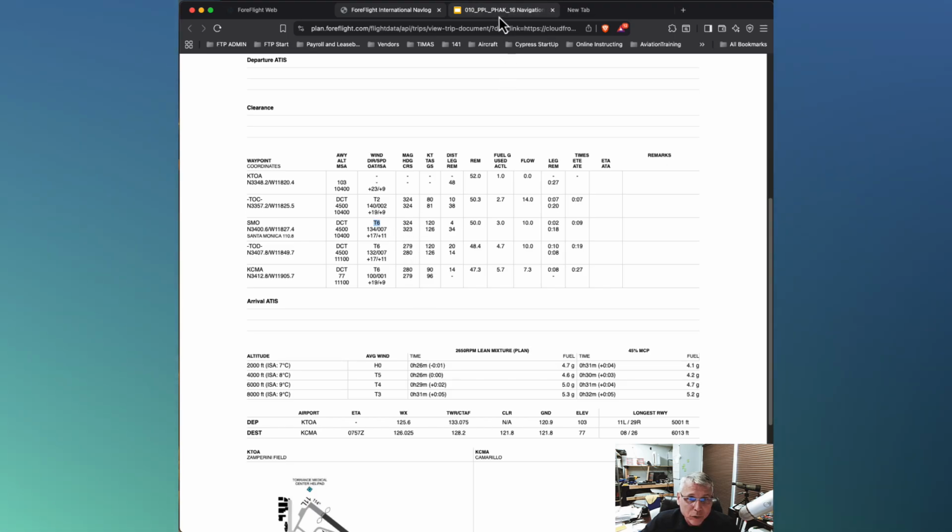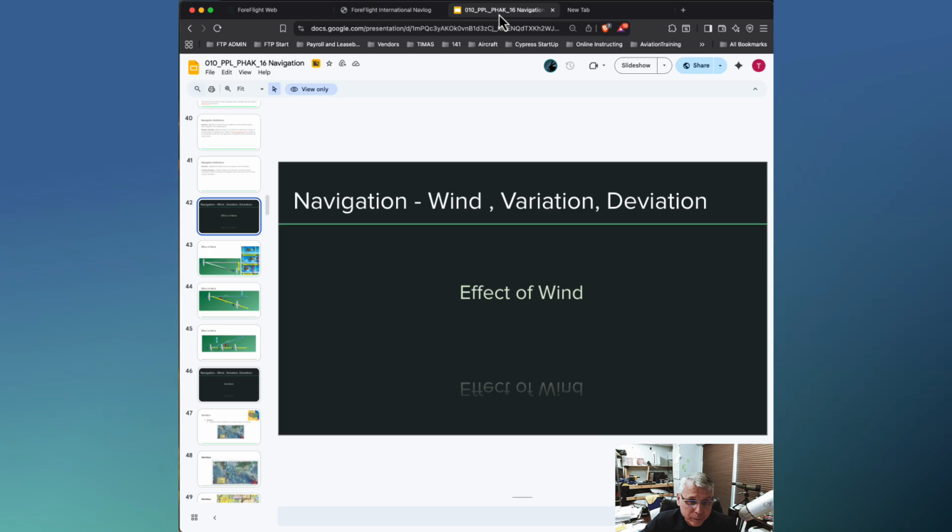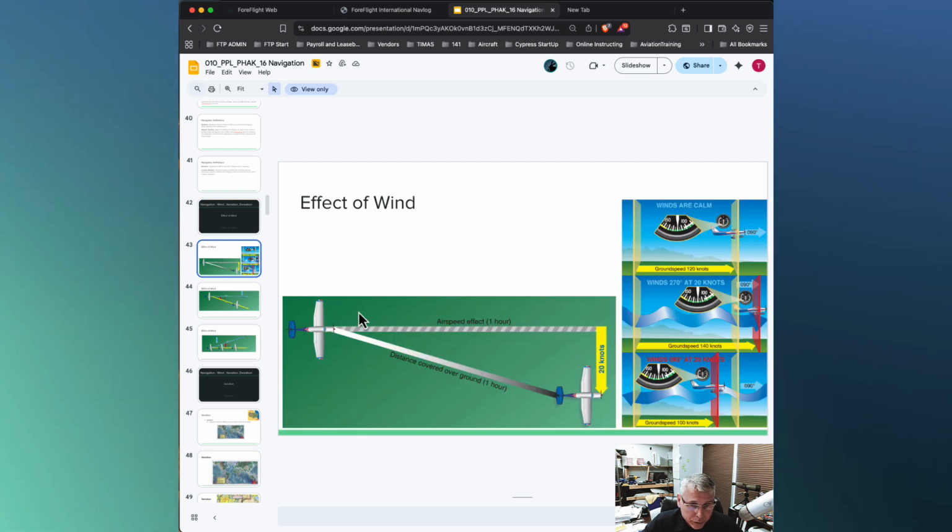Let's take a quick second and talk about the effects of wind and so on. When we are navigating, there's wind, variation, and deviation that we have to take into consideration. Deviation is a third one that I have not talked about yet. It's pretty straightforward.